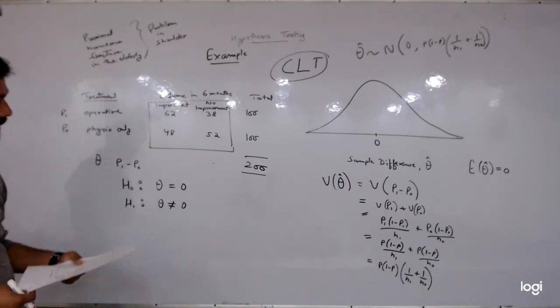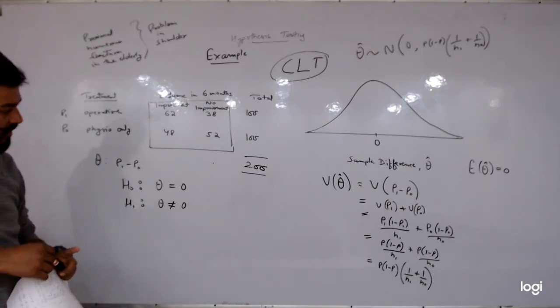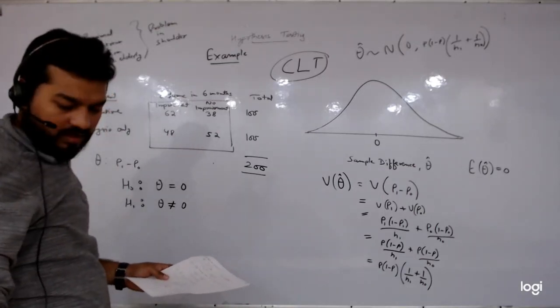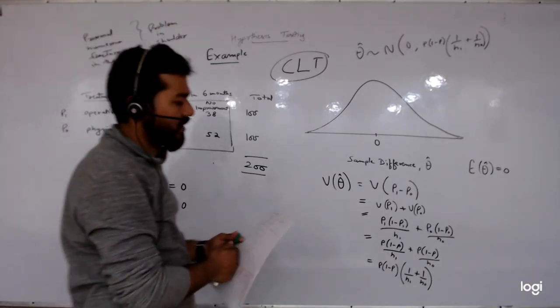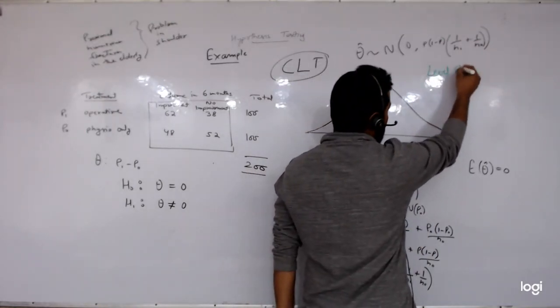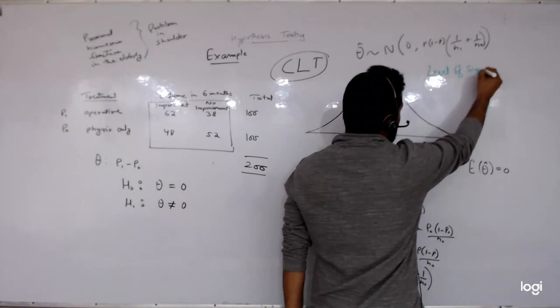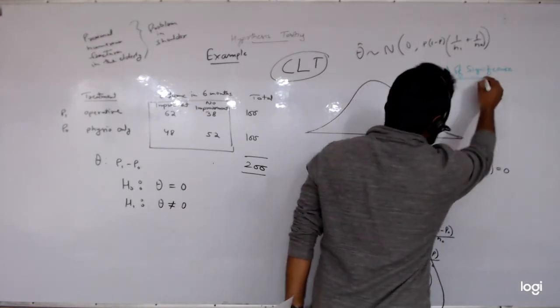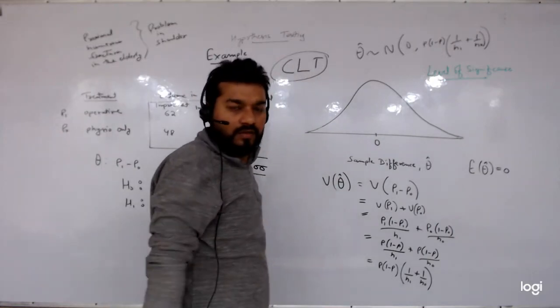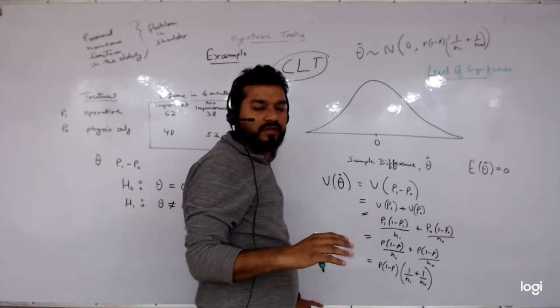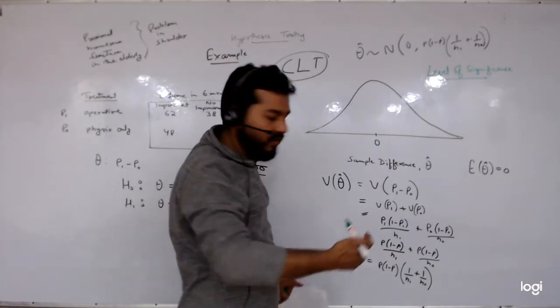Okay. The next thing that we need is we need to set what we call in statistics the level of significance. Okay, so the area under this curve would be 1. It's a density function.